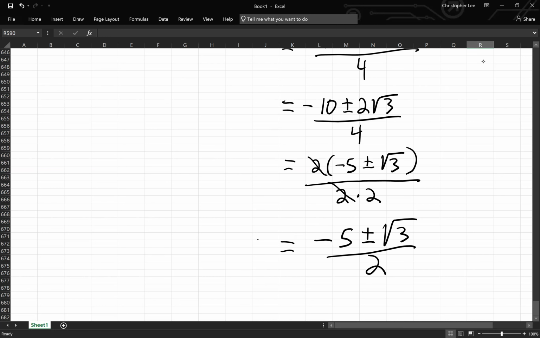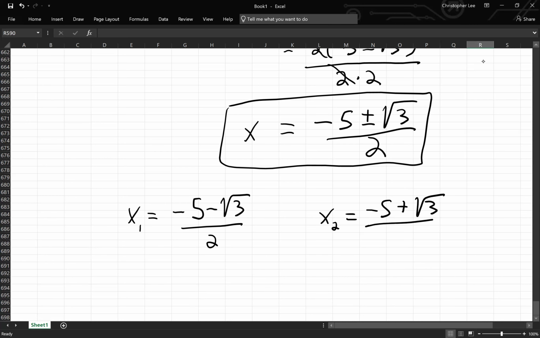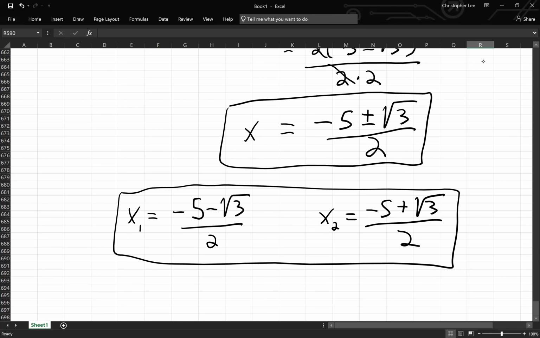And boom, you could give me that as an answer if you want. I would take that. Or if you want to separate it, you can say that x1 is equal to negative 5 minus square root 3 over 2, and x2 is equal to negative 5 plus square root 3 over 2. I'll take that as well. Any answer you want to give me.